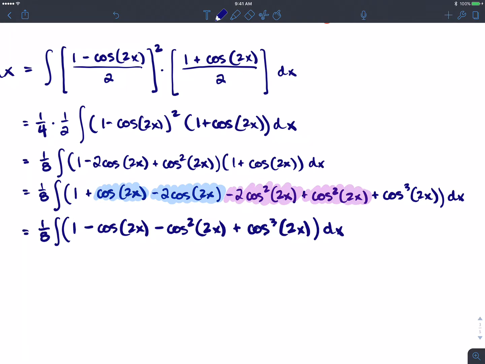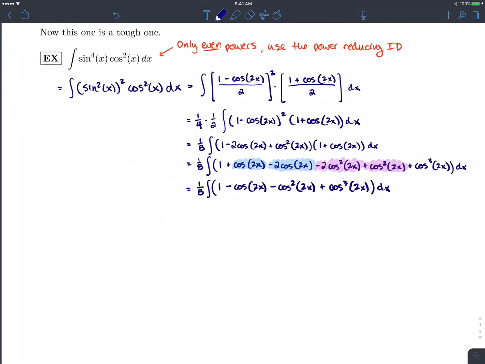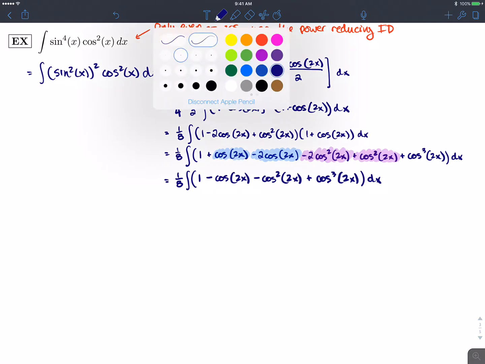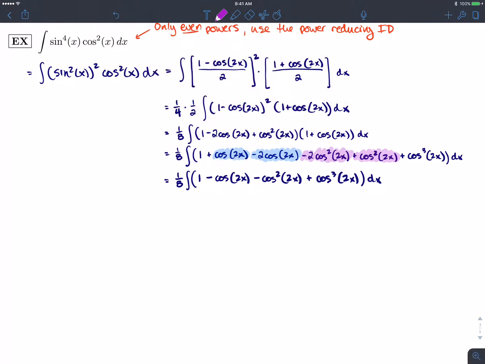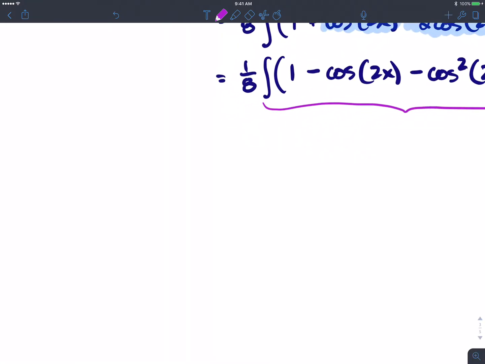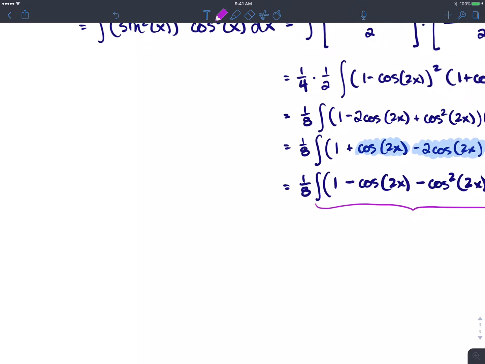Now we've got to integrate this, and we're going to have to go through and integrate each of these functions one by one. I'm going to treat them individually just to keep it organized, because it's a lot to keep track of. So off to the side here, I'm going to integrate these each individually.